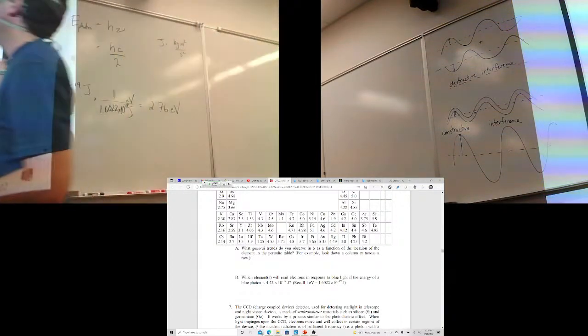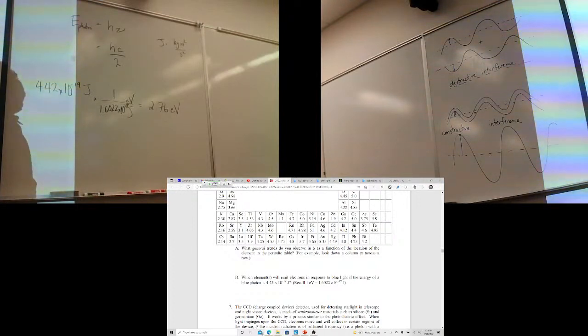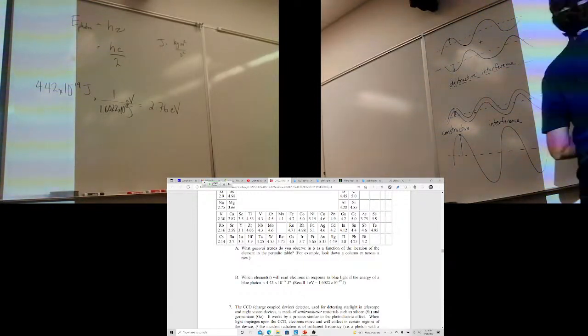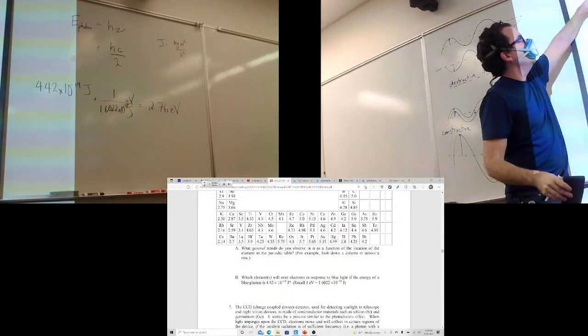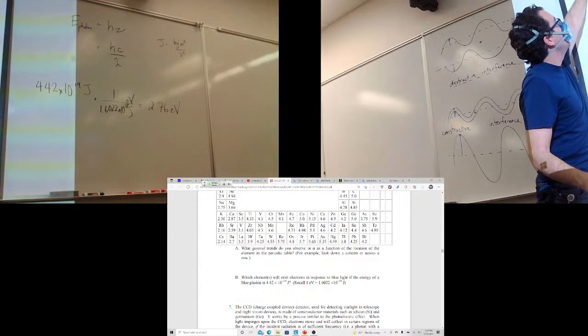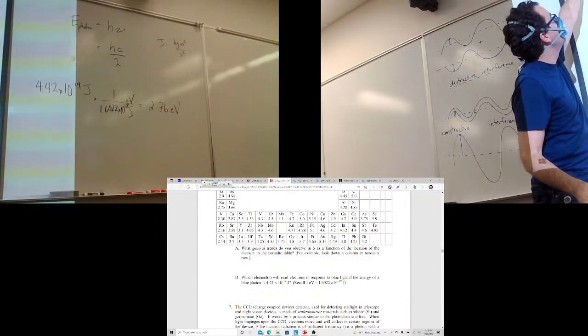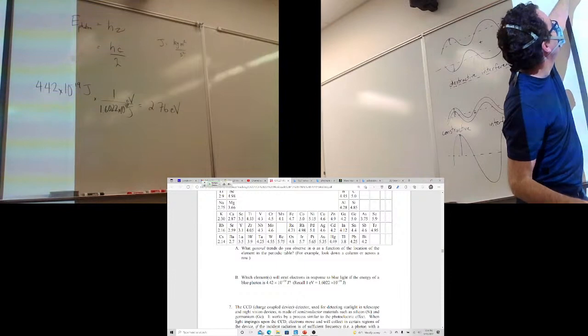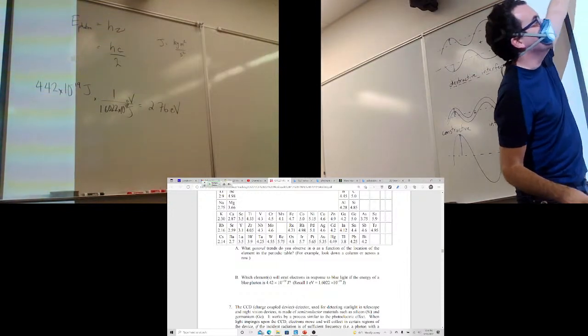Which metal could it eject an electron from? Well, pretty much none of these. These need higher than 2.7. So maybe barium, definitely cesium, strontium, rubidium, not calcium, definitely potassium, sodium. Oh, not sodium. Oh, sodium, yes, but not lithium.